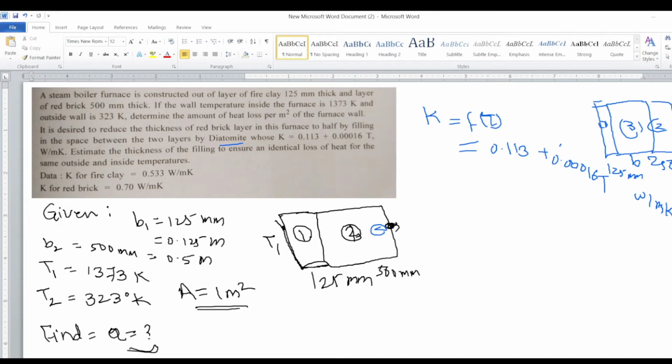Estimate the thickness of filling to ensure an identical loss of heat.